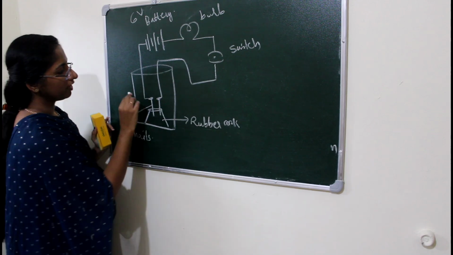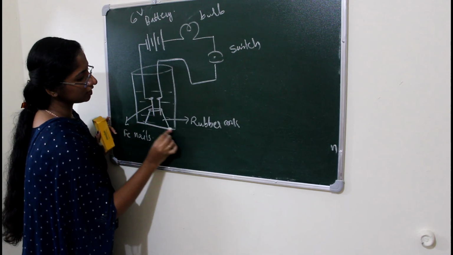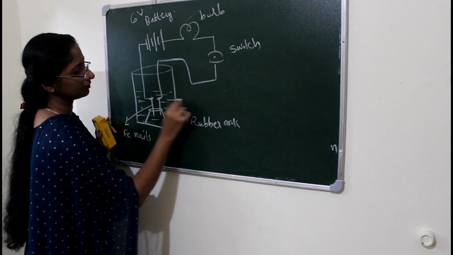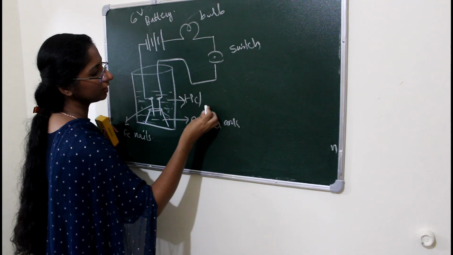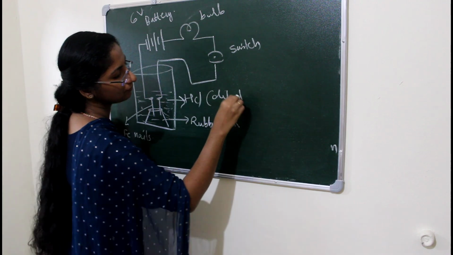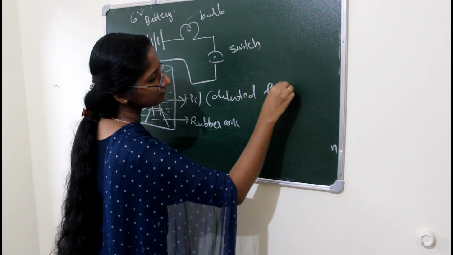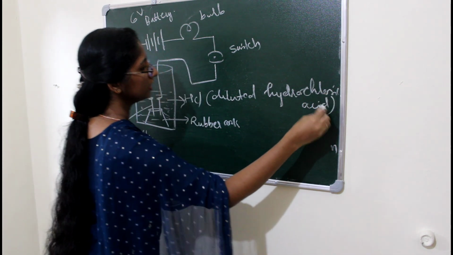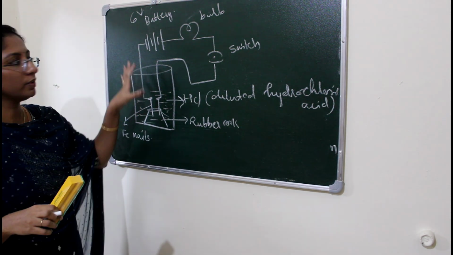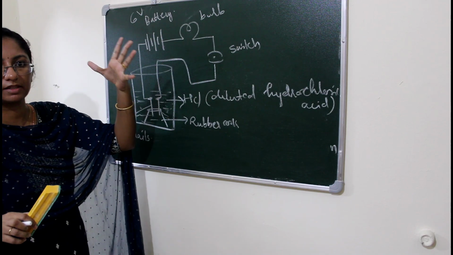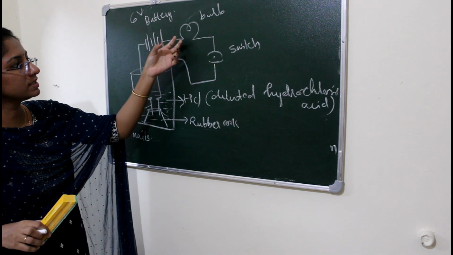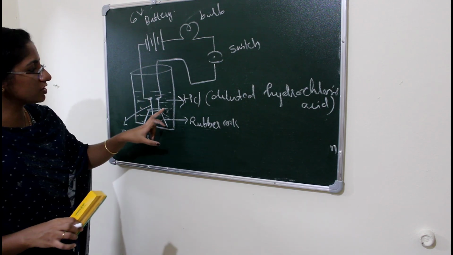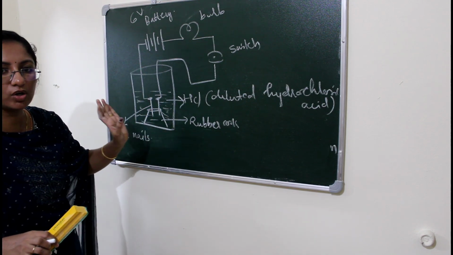So we are taking HCl, diluted hydrochloric acid, in this beaker. Then we operate this circuit, and the bulb will light up. That means electricity is passing through this circuit. That is due to the presence of H plus ions within this hydrochloric acid.